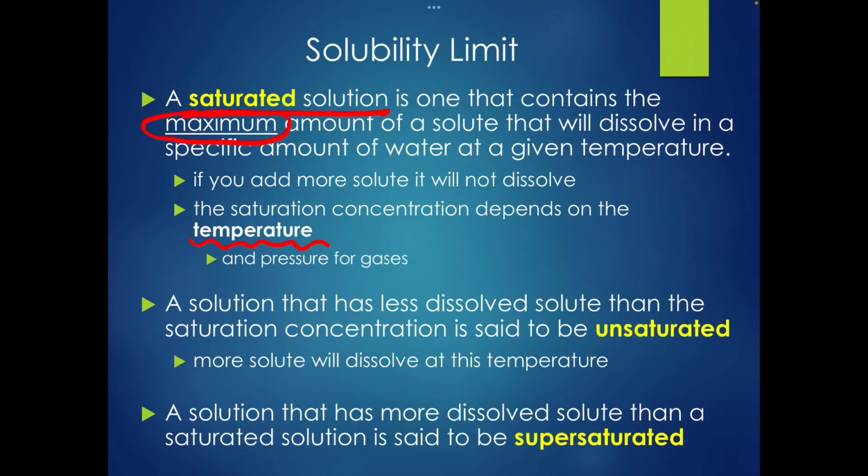Remember on the last slide, I said one of the ways we can get it to dissolve more quickly is by heating it up. This also helps us to increase the solubility of something, which we'll see on a later slide. At higher temperatures, we can actually dissolve more solid than we can at lower temperatures. My example for this is if you've ever tried to make hummingbird food.